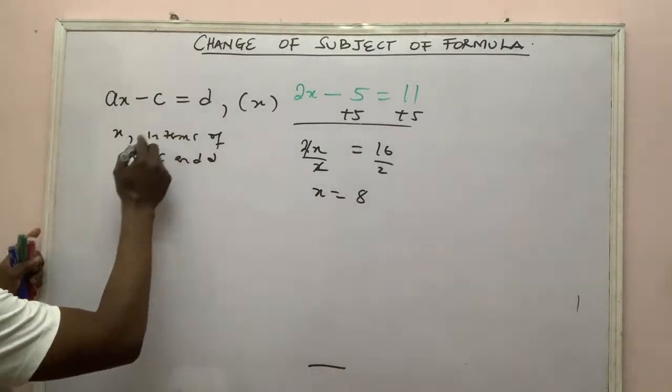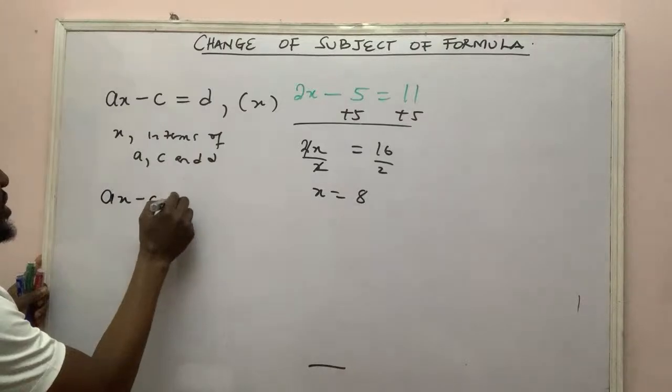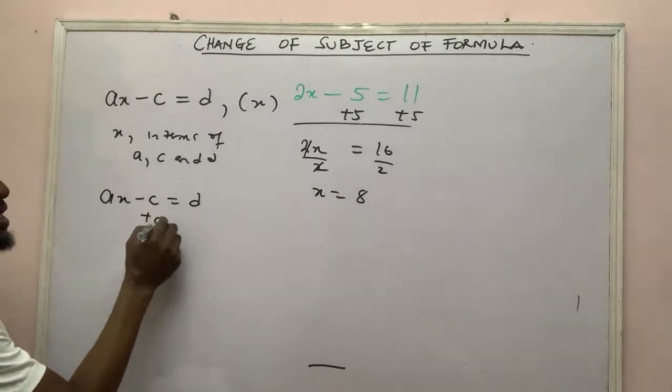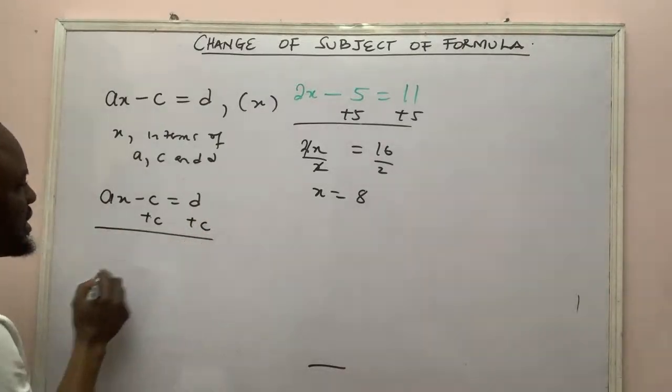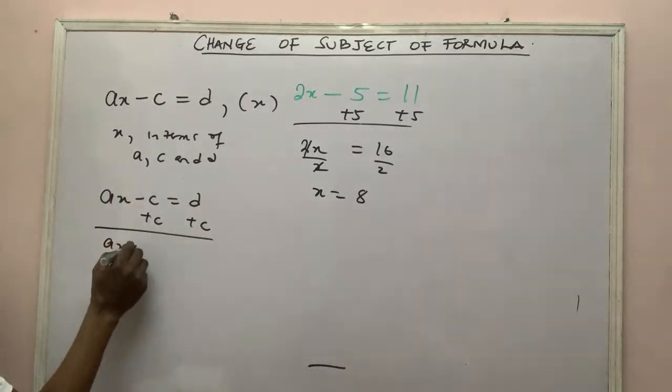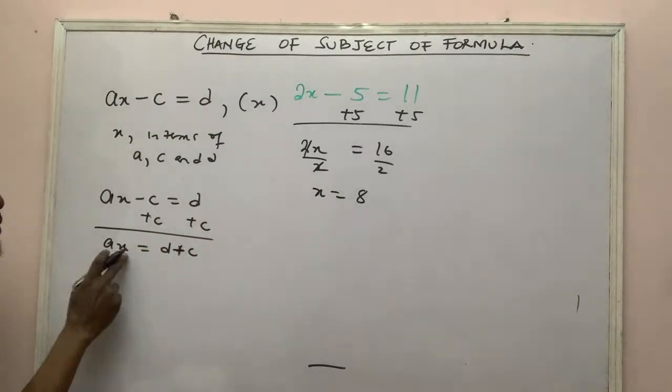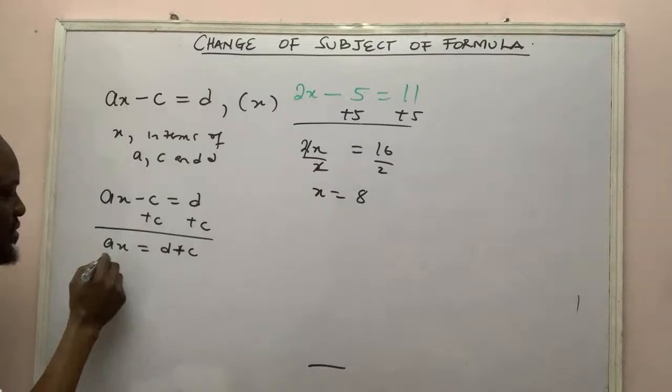So here, we have ax minus c equals d. So I'm going to add c to both sides, and then I have ax equals d plus c. I want to make x the subject, so I'll divide through by a.